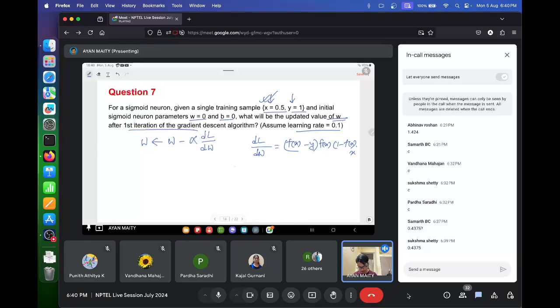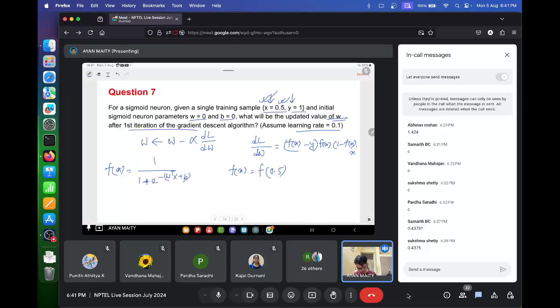If x is given as 0.5, f(x) is the output of the sigmoid neuron, which is given by 1 divided by 1 plus e to the power minus (w transpose x plus b).